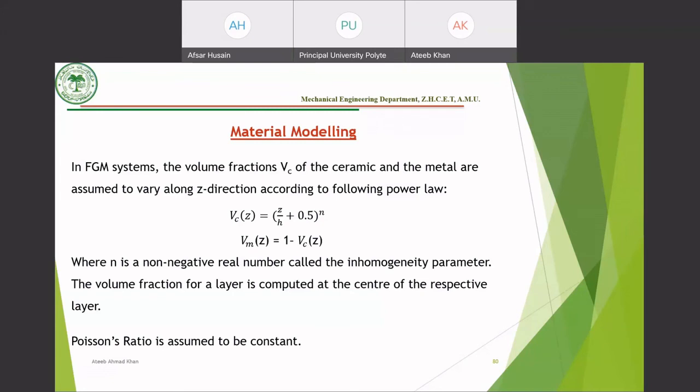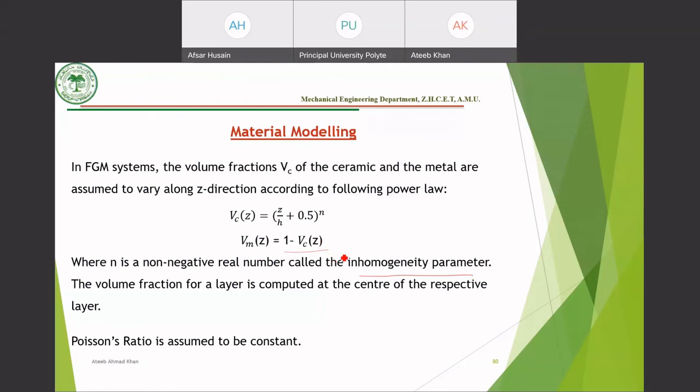This variation is dependent upon some function, which I'll tell you later. The volume fraction of ceramic is calculated by this formula, which is (Z by H plus 0.5) raised to the power n, where n is a non-negative parameter, which we call the inhomogeneity parameter. And the volume fraction of metal, because we have only two components, will be equal to 1 minus Vc, which is 1 minus the volume fraction of the ceramic part.